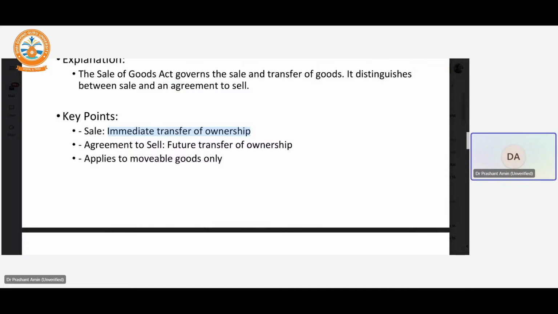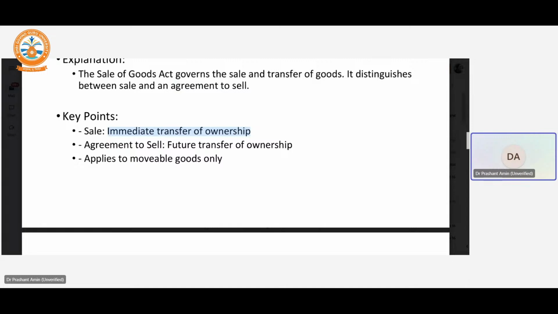Ownership means I own a particular object. This is mine. But right now it may be in someone else's possession. For example, I may give my mobile phone to a friend, which means the goods are transferred to my friend, and my ownership remains with me, but only possession is transferred.